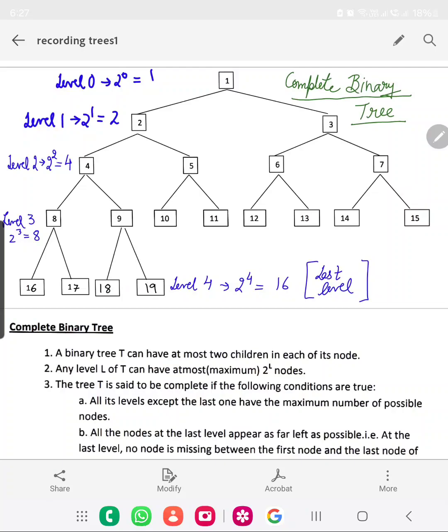Now let me tell you the definition of a complete binary tree. A complete binary tree is a tree which has all the levels complete except the last one.